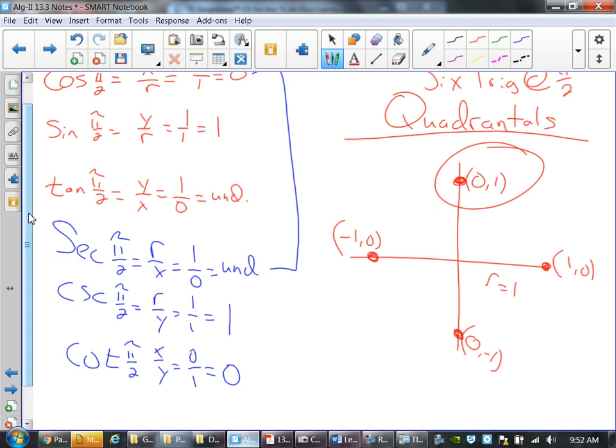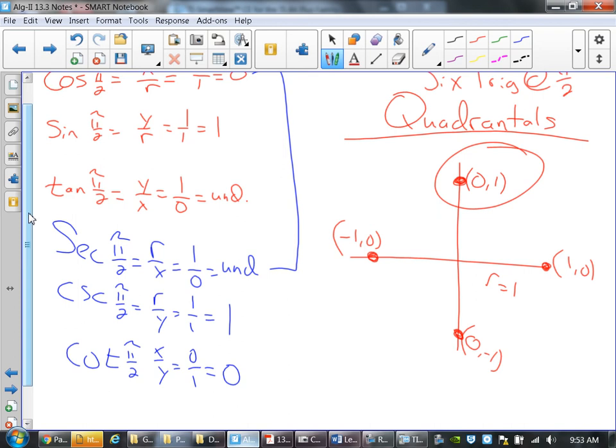So what's that? Cosine, where does cosine start when you're at 0? Starts at 1, it goes to 0, goes to -1, goes to 0, and goes back to 1. Where are you getting these quadrantals?